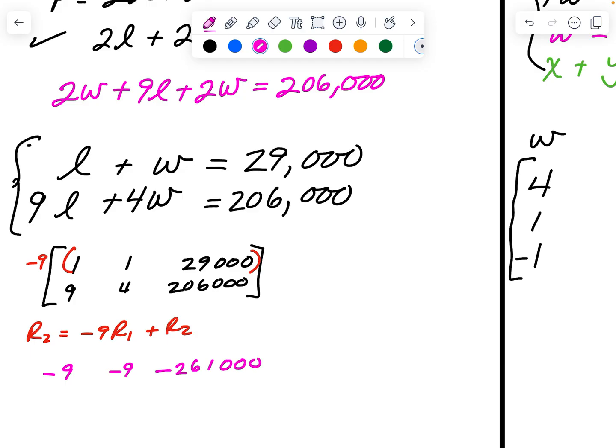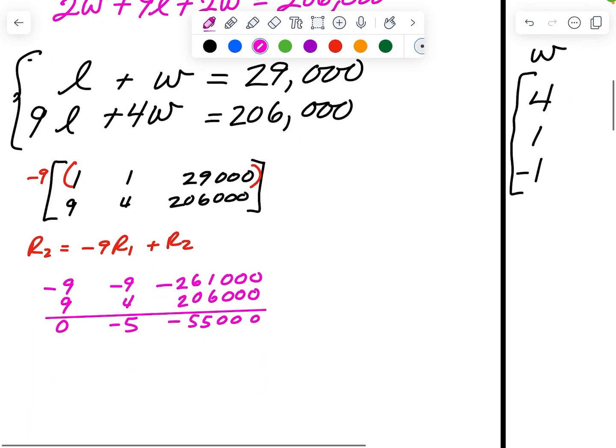And then my R2 is 9, 4, 2, 0, 6, 1, 2, 3. And that gets me 0, negative 5, and 11 minus 6 is 5. That number would still be negative, correct? Yes. So then my new matrix would be 1, 1, 2, 9, 1, 2, 3, and 0, negative 5, and negative 55,000.